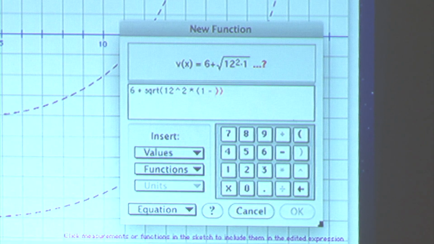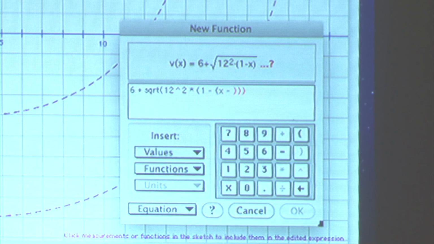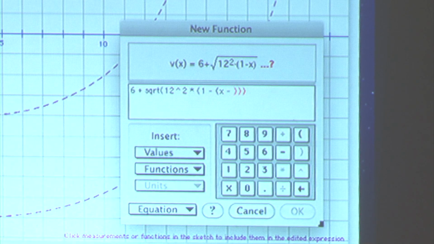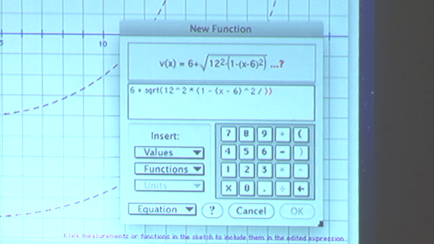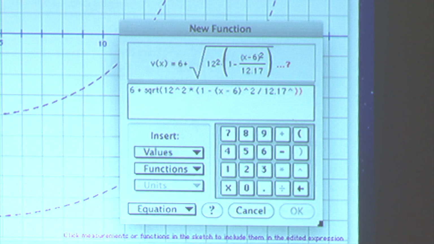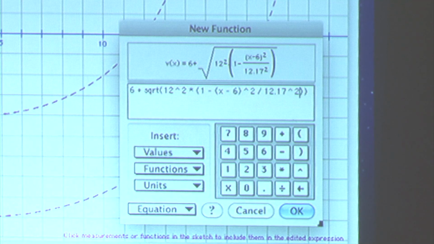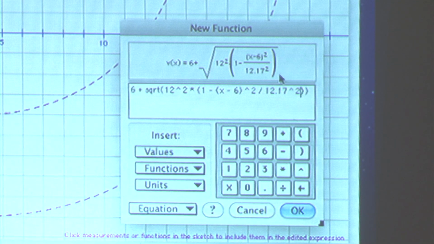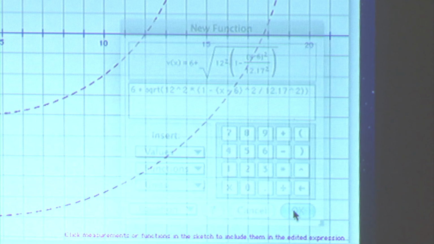So we know 12, and then we've got x minus our h value we said was 6. And then we've got our a, which is 12.17. Does that look like the equation here? Okay, so does that work?